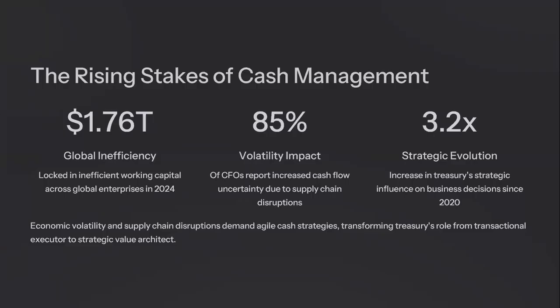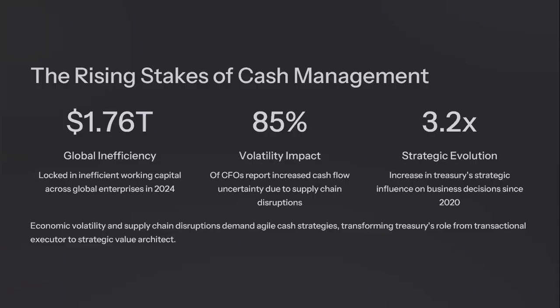So you understood that 85% of the market is uncertain about cash flows, and from 2020 we can find more than 3.2 times as many strategic decisions evaluated about cash management. So there is a rapid change and development in cash management strategies, their approaches, their methods.